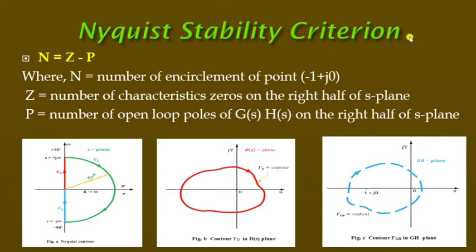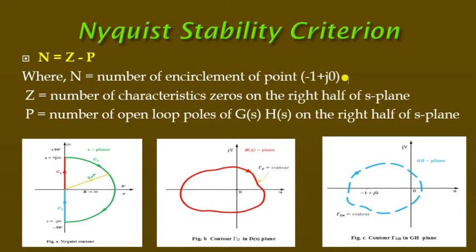Nyquist stability criterion. The Nyquist criterion is given by N equal to Z minus P, where N is the number of encirclements of the point minus 1 plus j0.